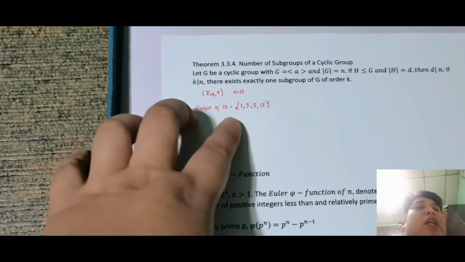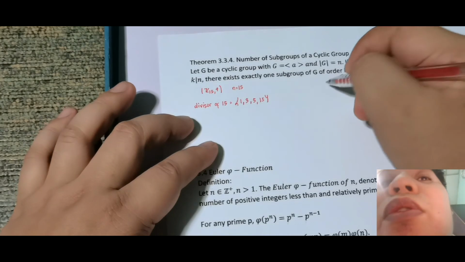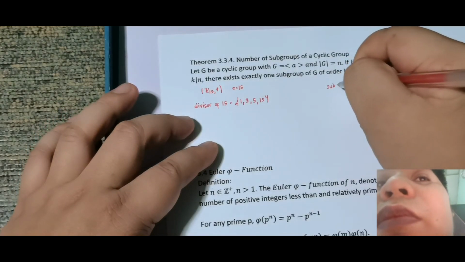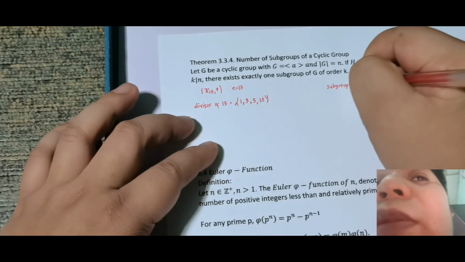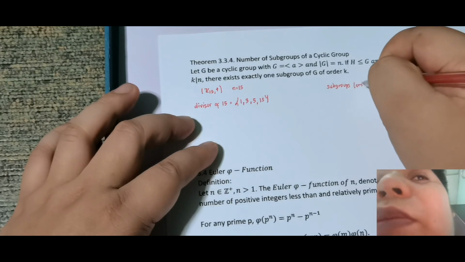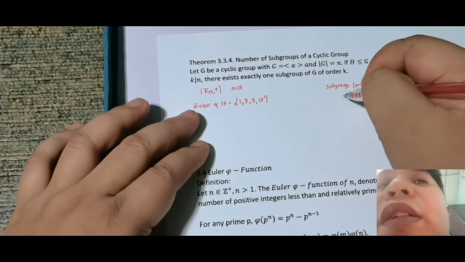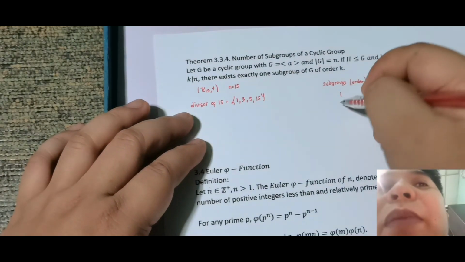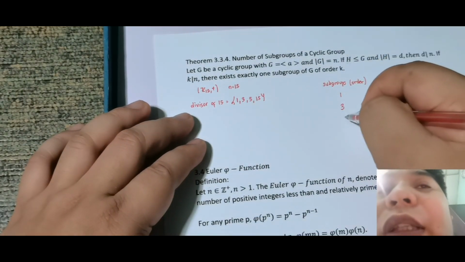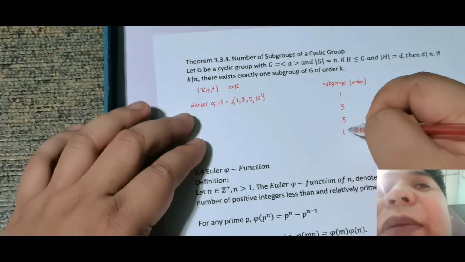So meaning may apat siyang divisor. So yung mga subgroups o yung order ng mga subgroup ng C sub 15 is una, order 1, pangalawa, order 3, pangatlo, order 5, panglima, order 15.